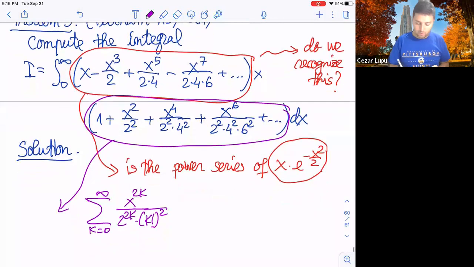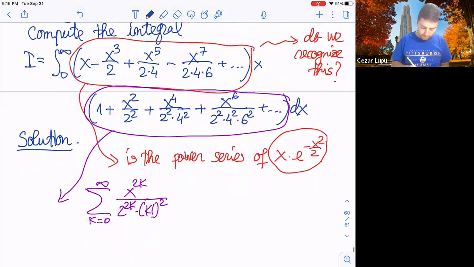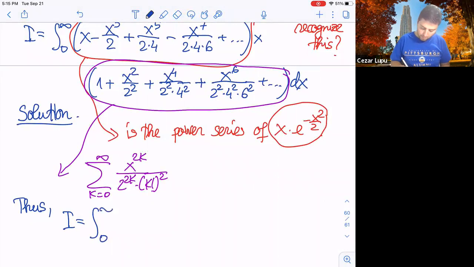Beautiful. Then once I identify these two, I can easily express my integral. So we have that the integral is the following: x times e to the negative x squared over 2 times the sum of this series.